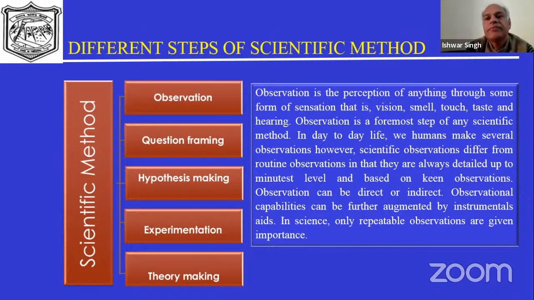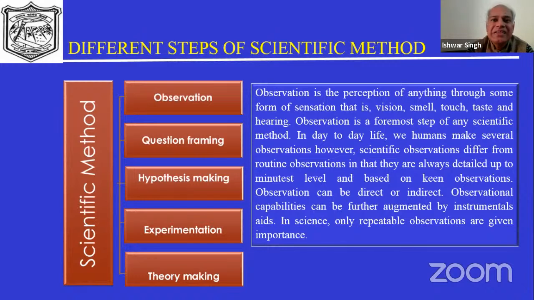And now instead of just jumping or observing things superficially, what we do, we now give some time, give enough time, or the sufficient time, and then we observe the things in a more defined way, more detailed way, up to the minutest level. We try to again observe things.